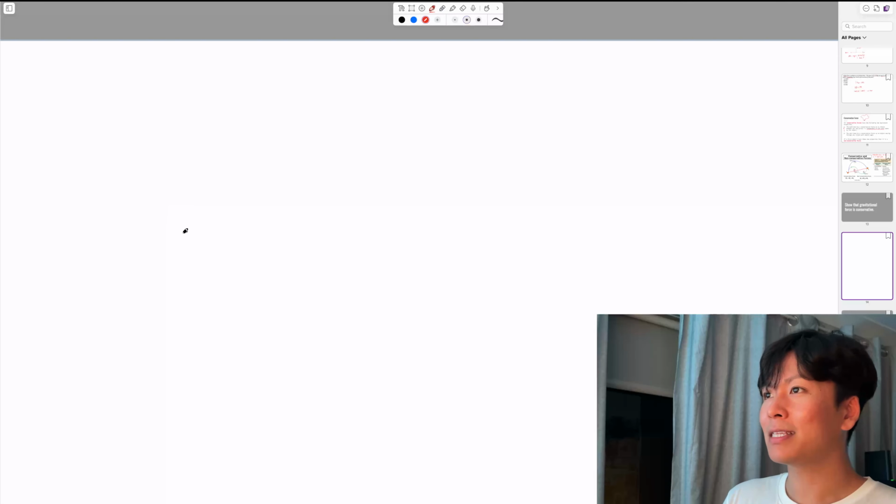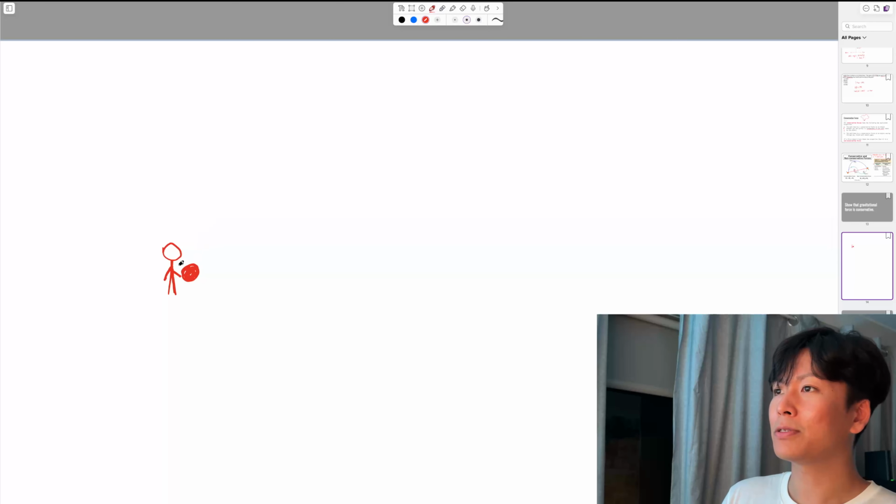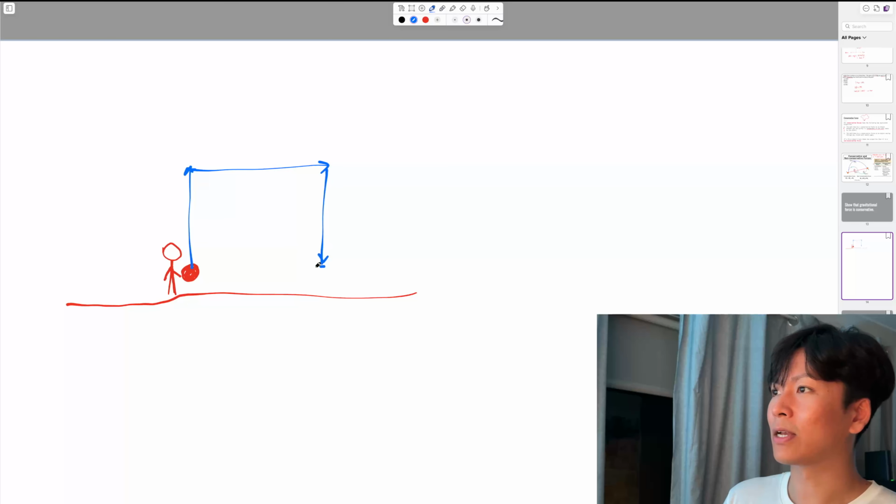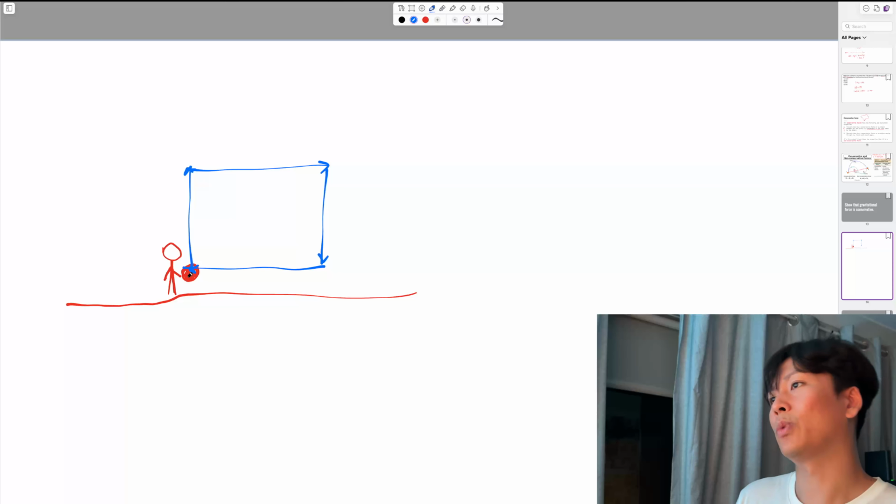So let's say I'm standing here. This is a person, this is me. I am carrying a rock, and this is the ground, my bumpy ground. I'm going to move this rock up this way, then this way, then down this way, and then back to its original spot this way.